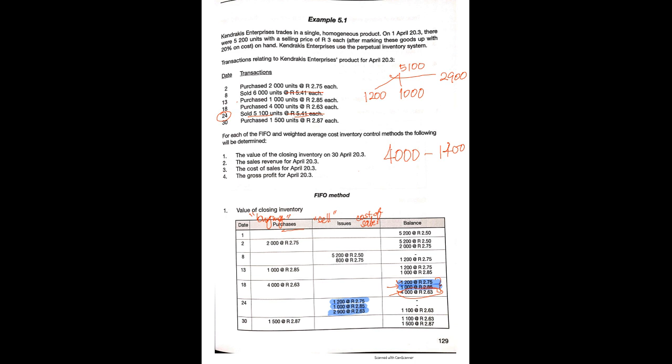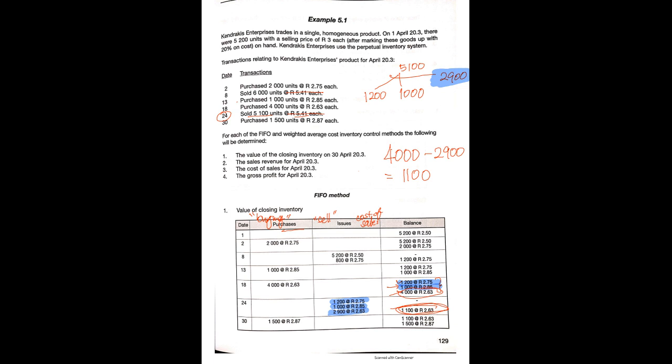So from the 4,000 units that was last purchased, we only used up 2,900. And then from that 4,000, we removed the 2,900. Sorry, I'm not sure why I wrote 1,400 here. So from the 4,000, we used up 2,900 and we were left with 1,100. So we then had 1,100 that remained at 2 Rand 63.